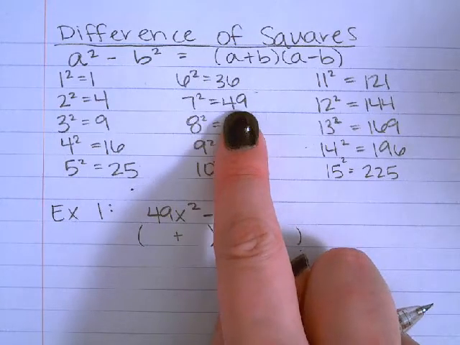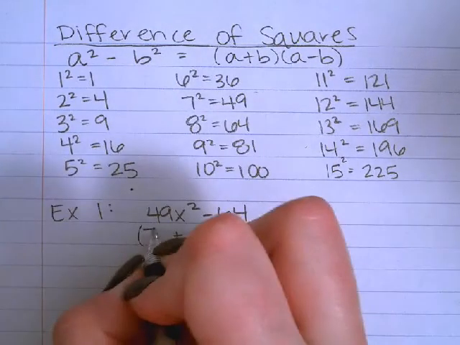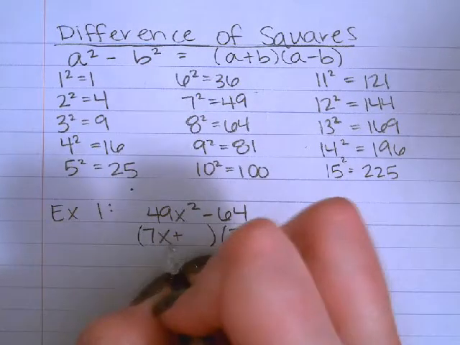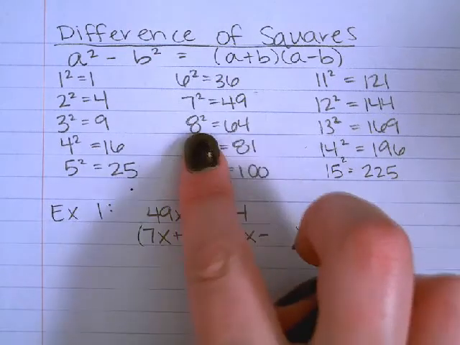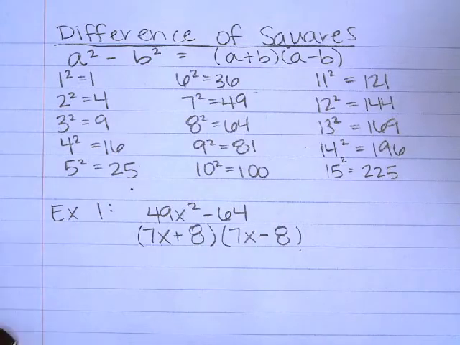So if 49 is the perfect square, the square root of 49 is 7. So I see a 49 here, so I'm going to put a 7 and a 7. X squared, so I'm going to put an x and an x. 64, the square root of that is 8, so I'm going to put an 8 and an 8. And then I'm done. That's it. 7x plus 8, 7x minus 8.